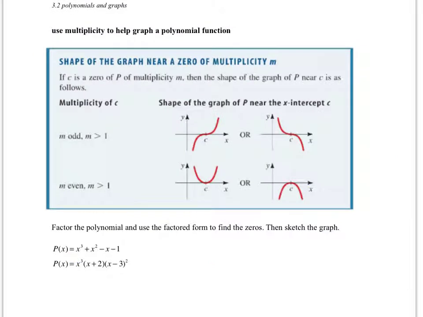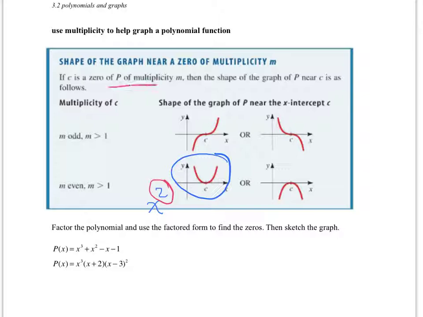Okay, so the thing that was interesting about the graph of that function was its behavior near the 0 at the origin. Its behavior near the 0 at the origin was kind of like this. And you remember that the factored form of that had that factor of x squared. The x is squared, and so we say for this particular factor that we had a 0 of multiplicity 2.